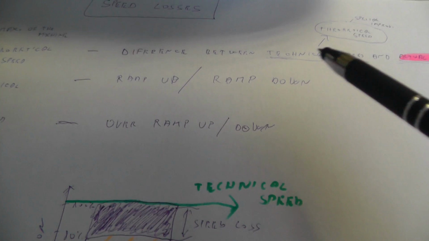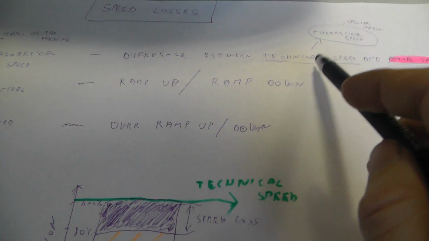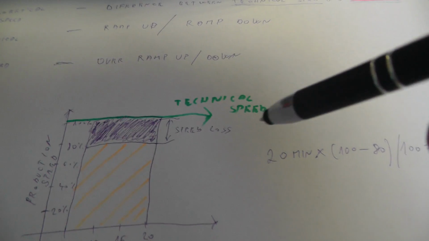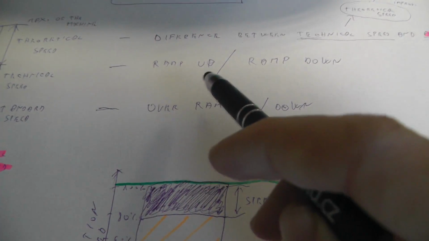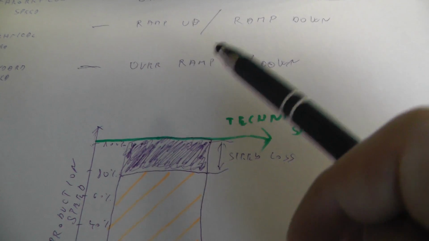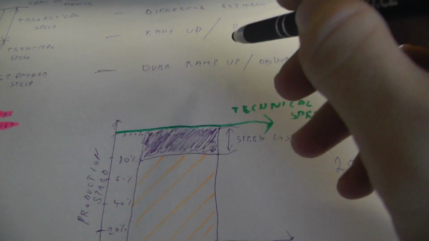And now maybe an explanation of what it means. We know the difference between technical speed and actual speed. This we can see here. But what do ramp up and ramp down, or over ramp up and down, mean? Ramp up and ramp down is very easy to explain. It's like we have a car, we have a way and a car.